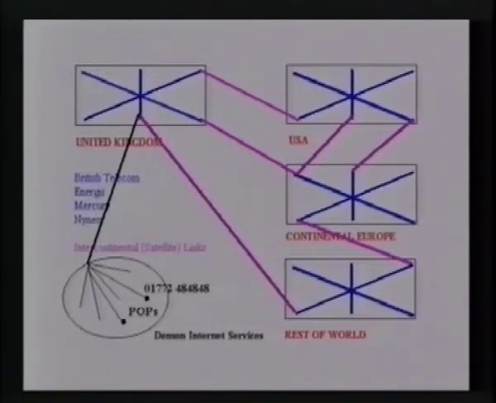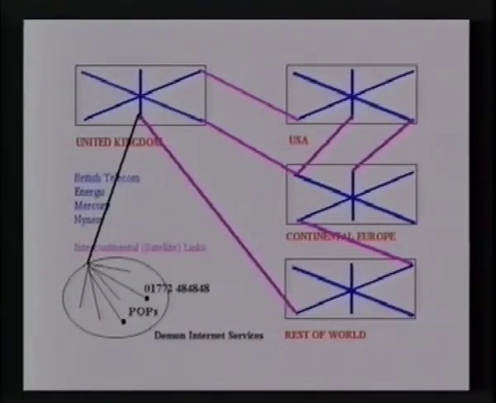So Demon Internet Services, which is the one shown on this slide, is one such provider. And it has a number which is Preston 484848. And that number is a number which you can dial with your computer to gain access to the Demon network and then to the rest of the networks on the internet.